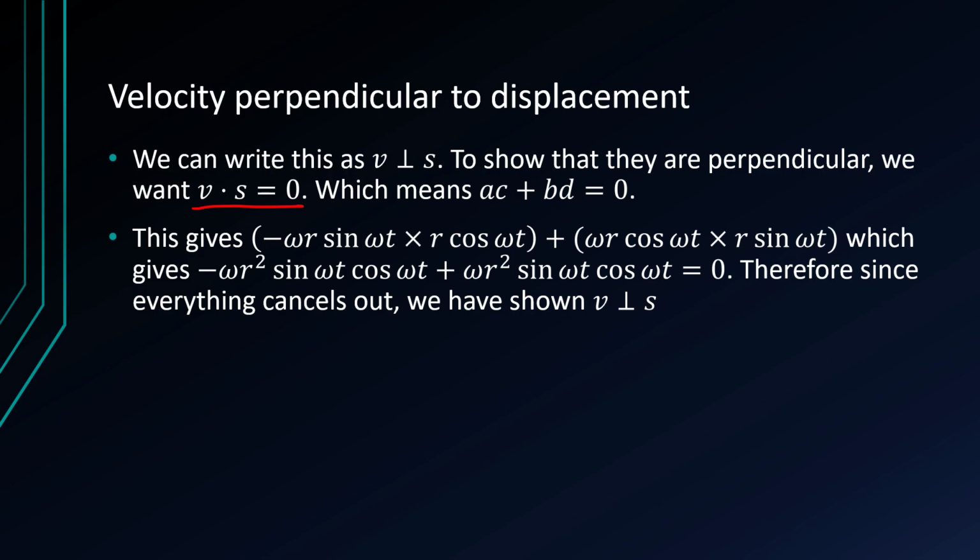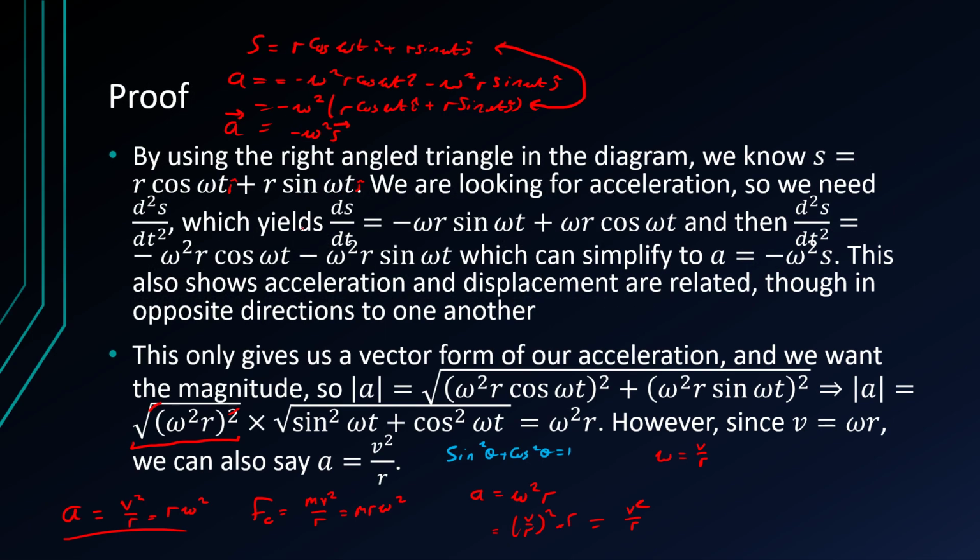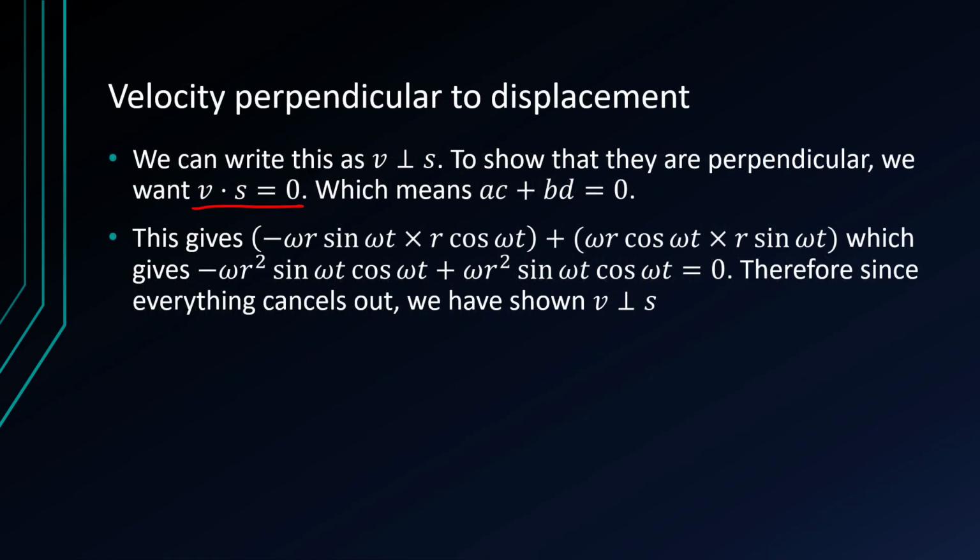So if we bring back our velocity, which is ds by dt, and displacement, which is just s, we get that the i components are multiplied together. So minus omega r sine omega t times r cos omega t, plus omega r cos omega t times r sine omega t, which gives us minus omega r squared sine omega t cos omega t plus omega r squared sine omega t cos omega t.